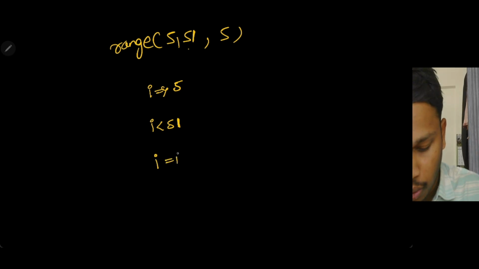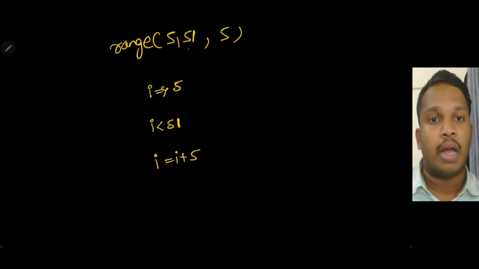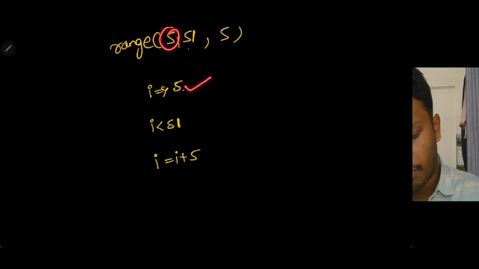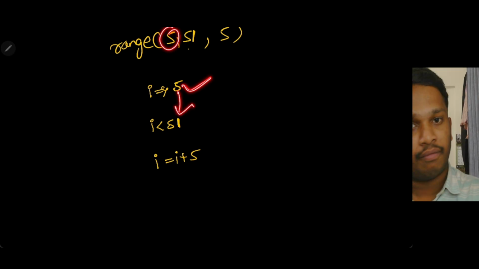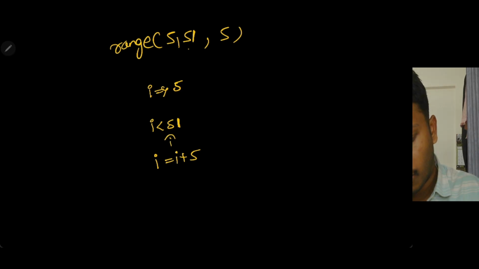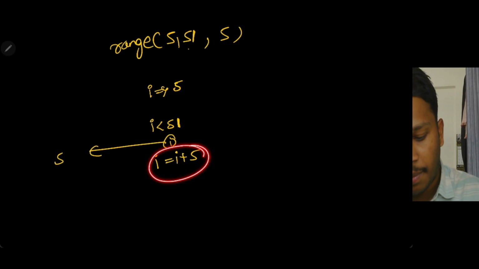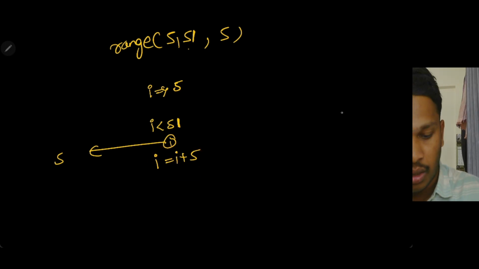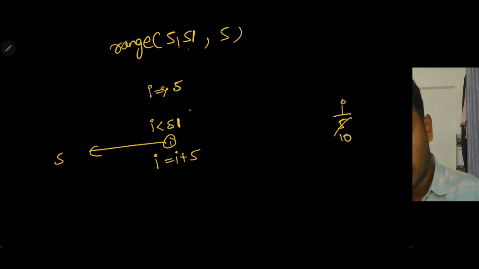I is equal to I plus 5. So see, first starting 5, 5 less than 51, true. Then what should I do? Take the I value out. What is the I value? 5. Next, I is equal to I plus 5. 5 plus 5, 10. Now the I value, initially 5, became 10.